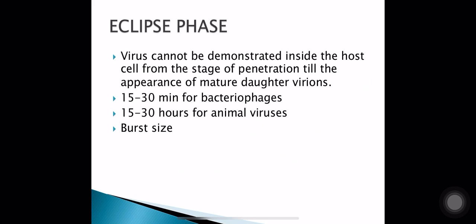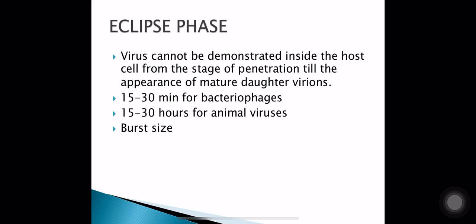Now what is the eclipse phase? After the virus enters the host cell, until the time viral progeny are produced and released, the virus will not be demonstrable in the host cell. So from the time of entry of the virus till the release of daughter virions, the virus will not be demonstrable in the host cell.